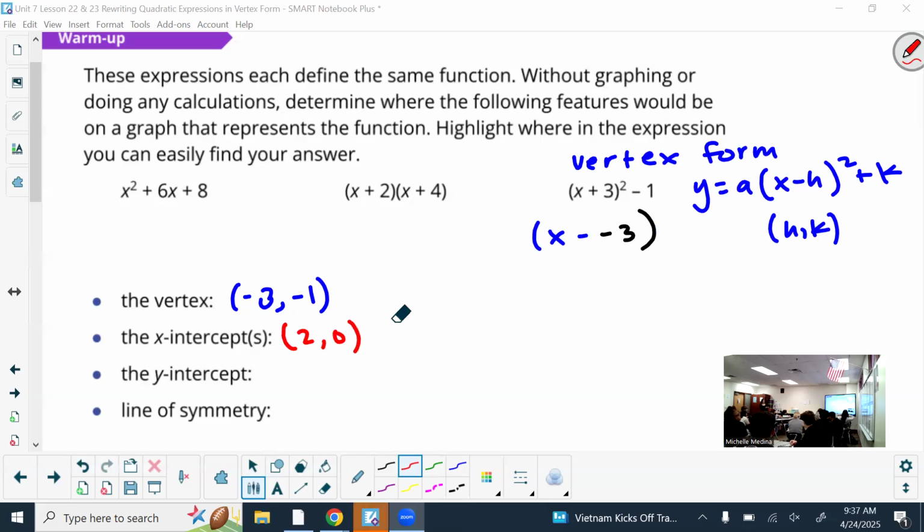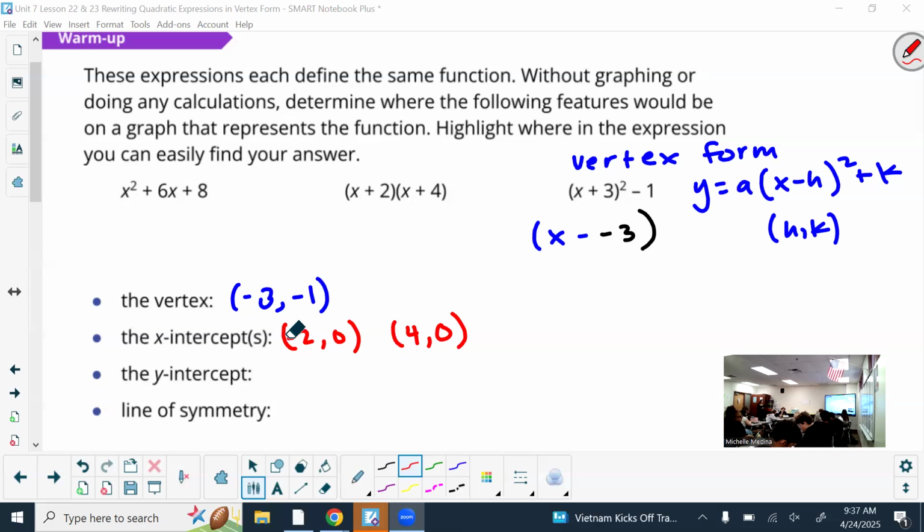So if they are x-intercepts, that would be where the y is 0. So writing them as coordinates, it would look like this. We're kind of on the right track, but our x-intercepts are not 2 and 4. What are they? Something slightly wrong with what we see here. They both have to be negative.